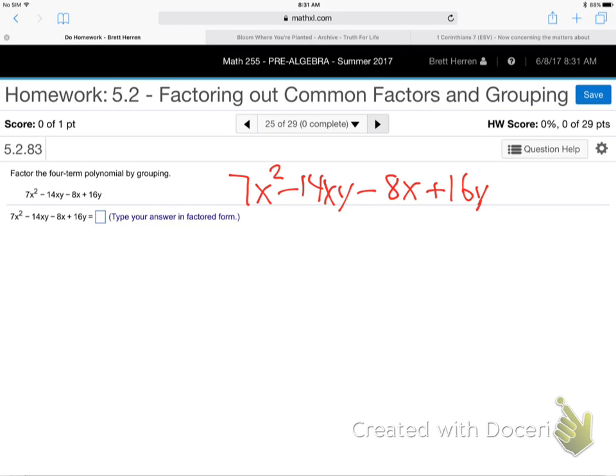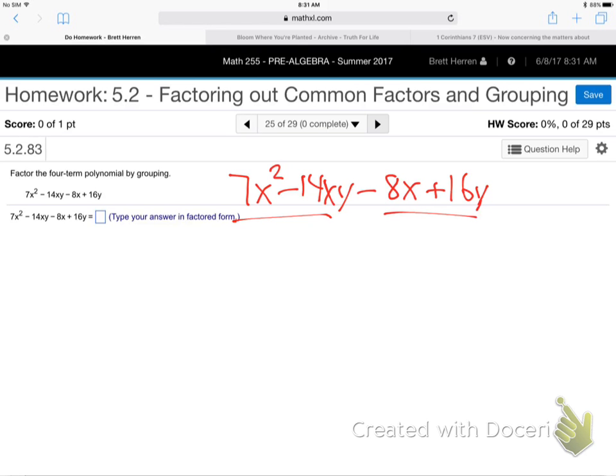So 4 terms, do a 2-2 split, first 2, last 2. So first two, last two.